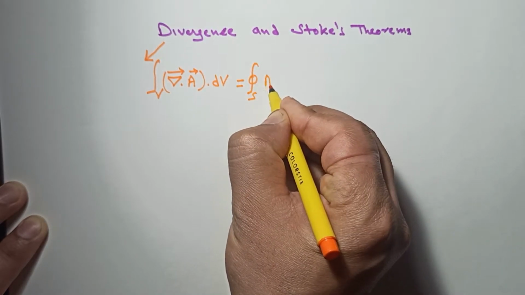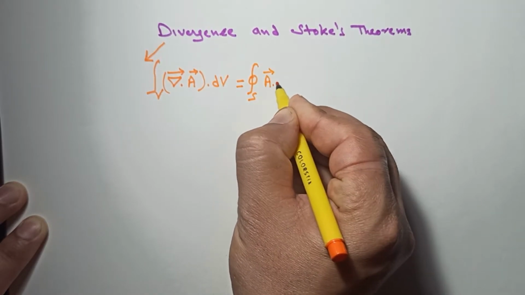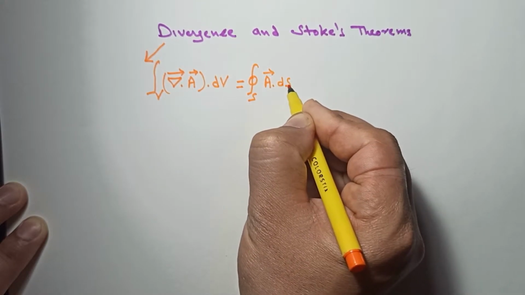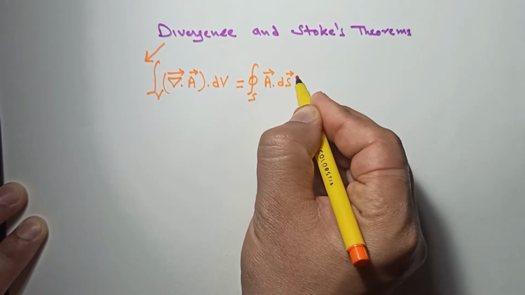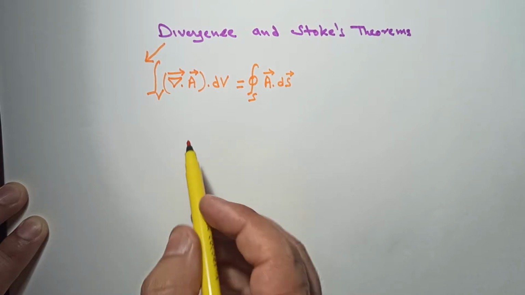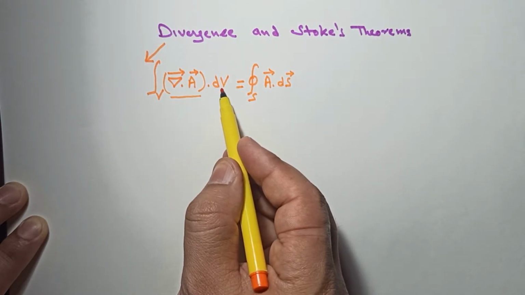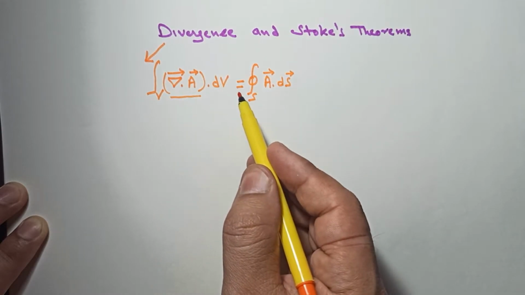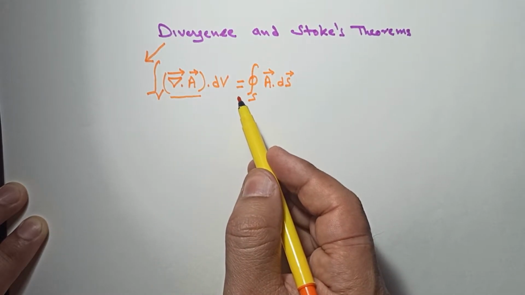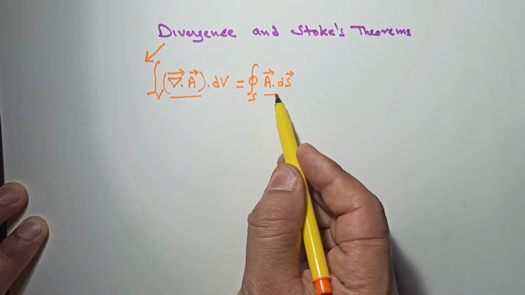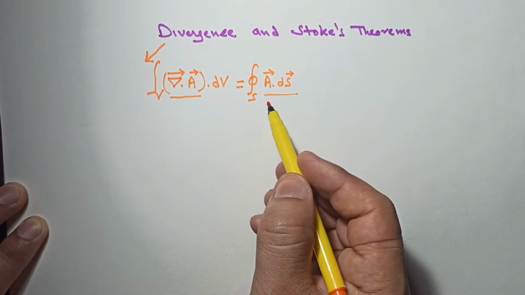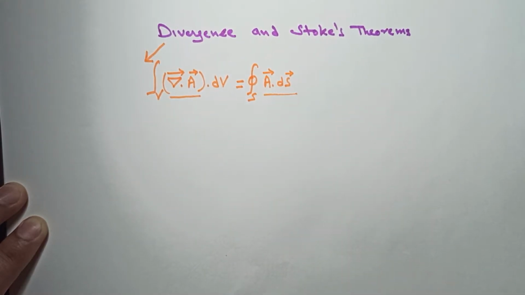the surface integral of that field. Okay, so this would be a vector. So the volume integral of the divergence of any field is equal to the outward flux, A dot dS, the surface integral through the surface that bounds the volume.